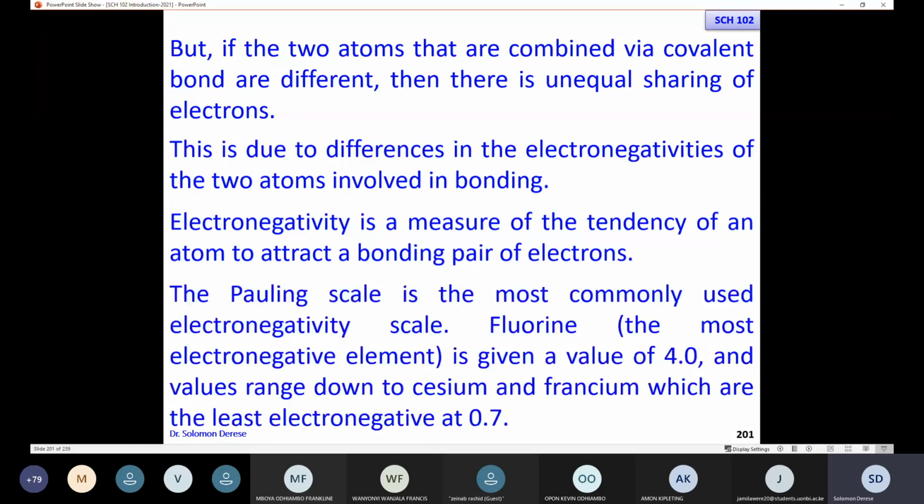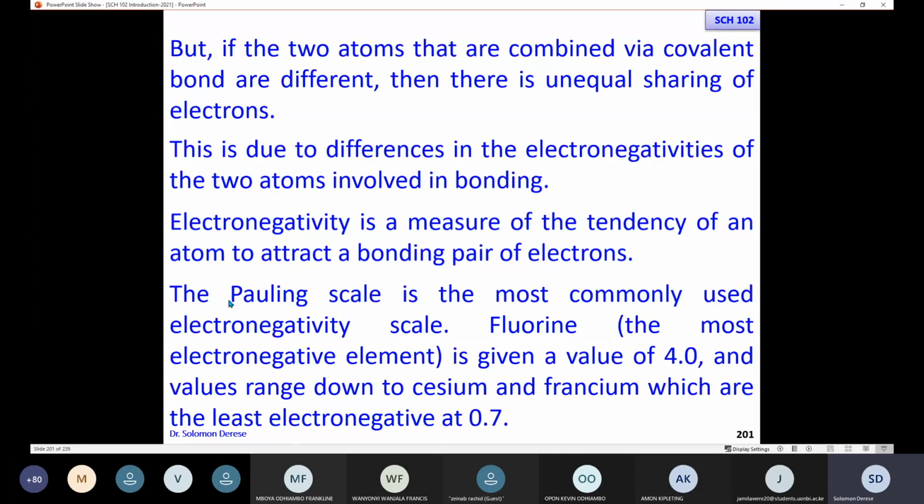So there is a scale for the electronegativity of the elements. The elements in the periodic table have different electronegativities. There's a scale that is developed for electronegativity, and the most commonly used scale for electronegativity is called the Pauling scale.